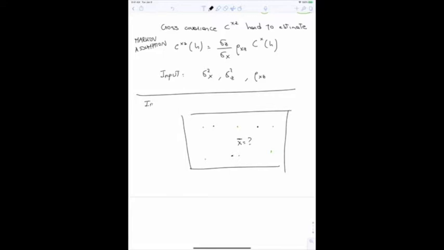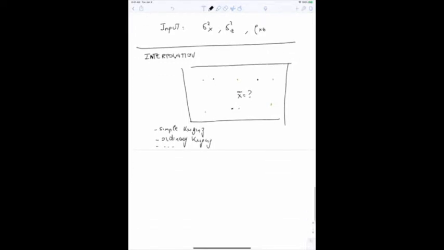So this is an interpolation problem. So you can use simple Kriging. You can use ordinary Kriging. You can use whatever you want. Well, these methods will give you different answers, but in general, if you apply simple Kriging 20 times, you will always get the same solution.